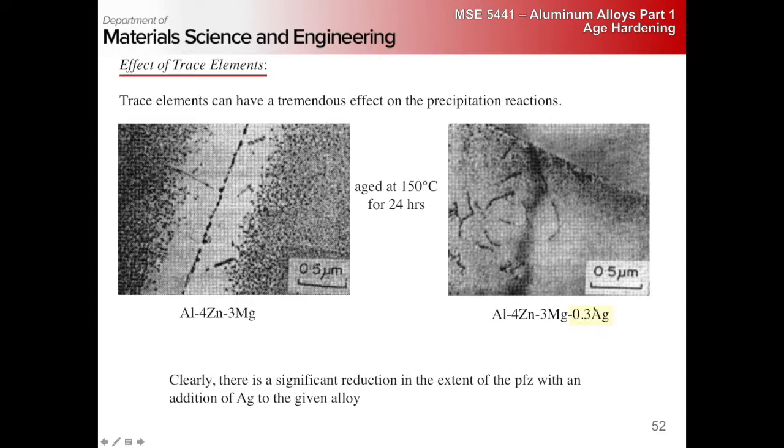These quaternary and multiple alloy compositions, all the reactions that occur, the phase diagrams get exceptionally complicated, and it's not always easy to determine when situations like this are going to happen. But the takeaway is that trace elements can have a very profound effect.